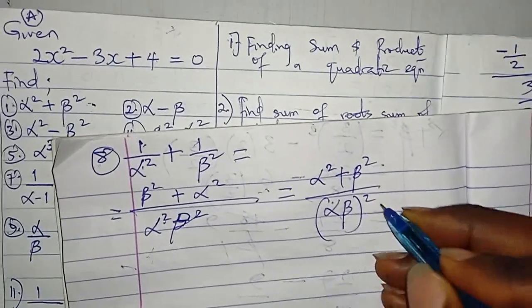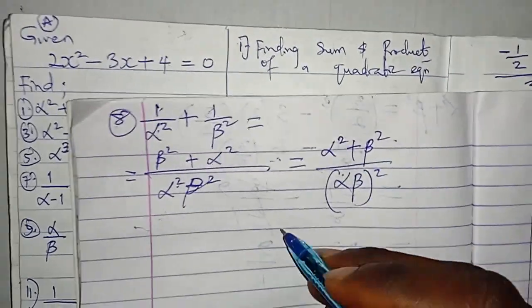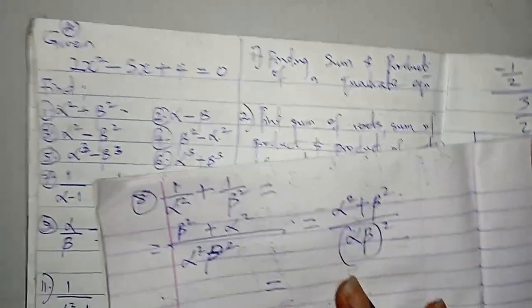Alpha square plus beta square, we've gotten something like that before.